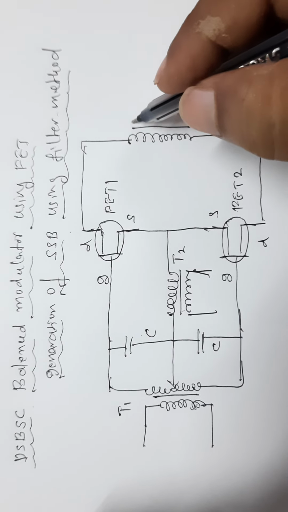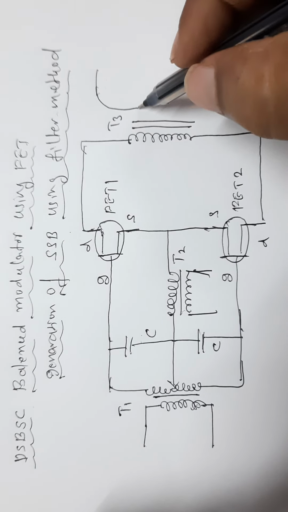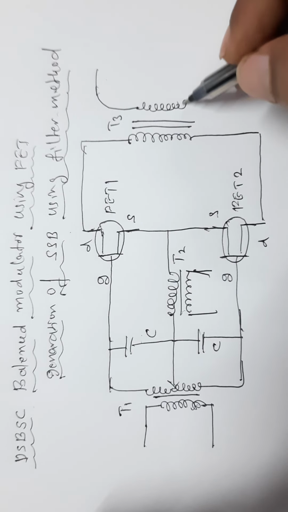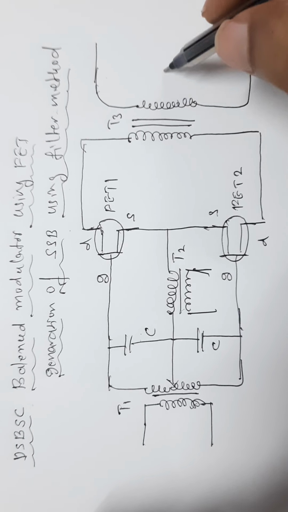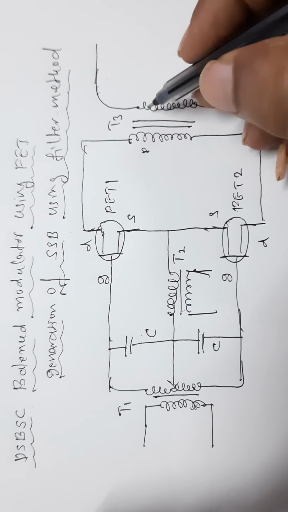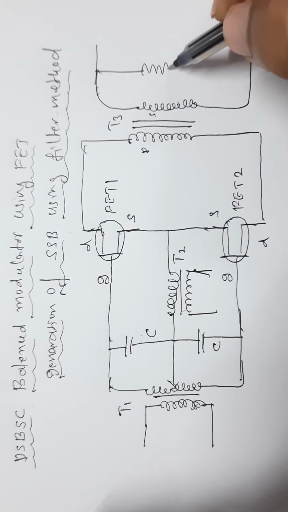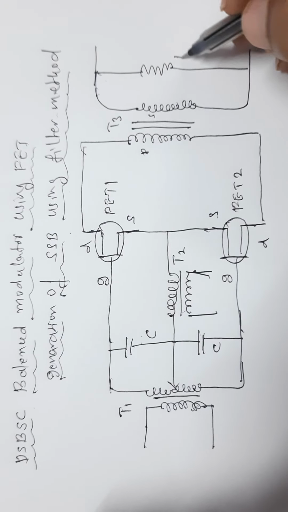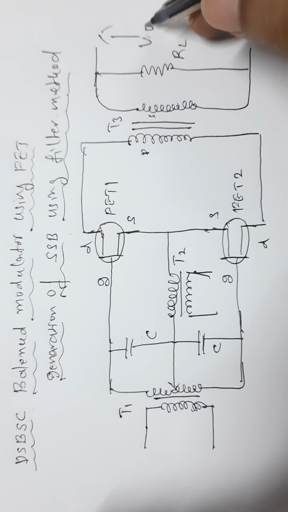Finally, the output is taken across the secondary of output transformer T3. This is primary, this is secondary. Let RL be the load resistance across which the output voltage VO is taken.